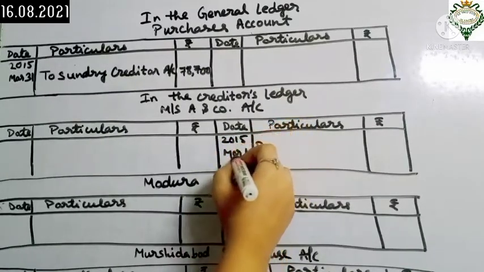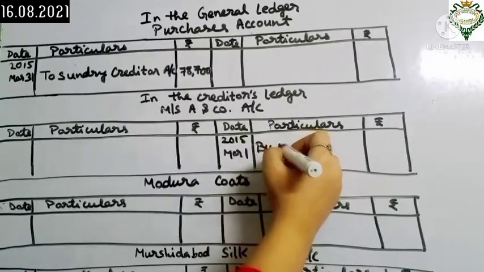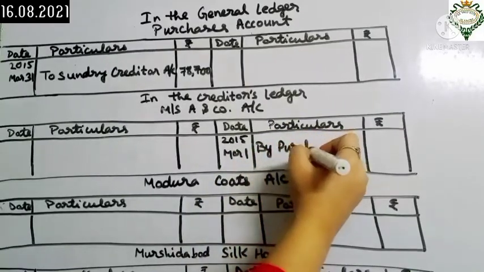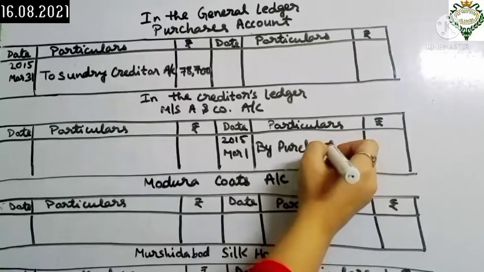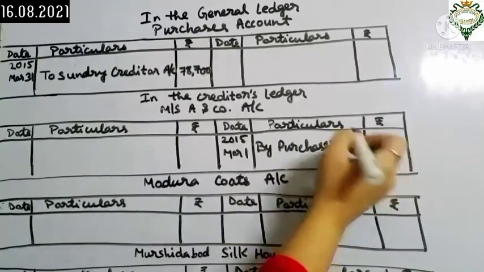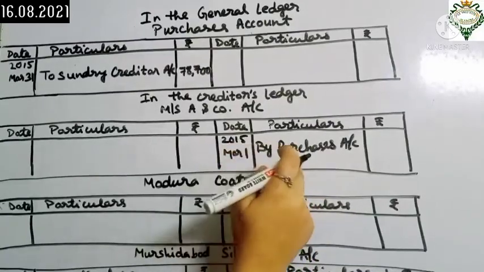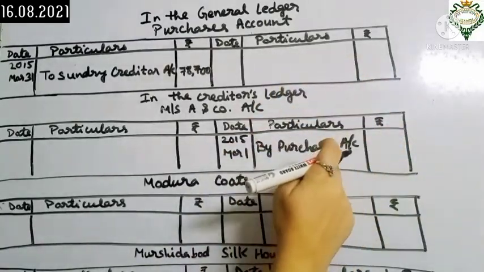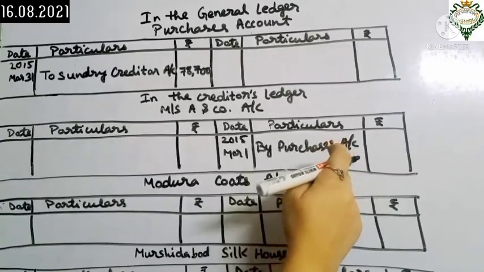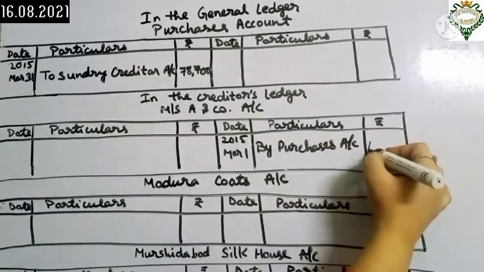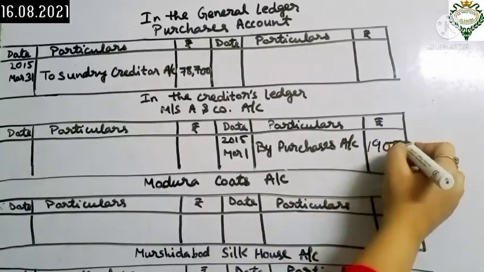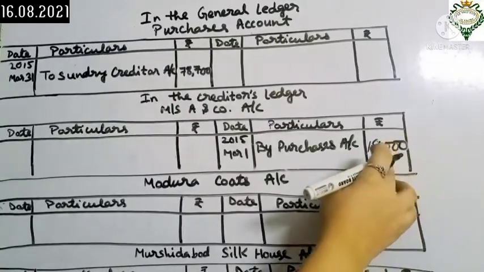We will write here by purchases account, because the creditor has sold, so his goods are going out. That is why it will be recorded on the credit side of the ledger account. And the amount was 19,000.